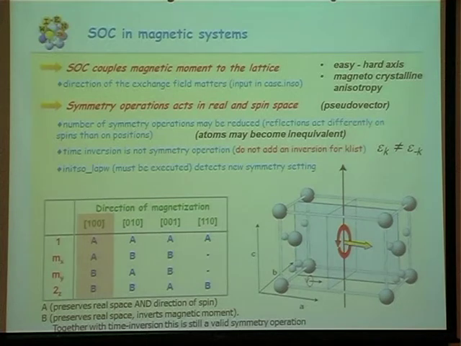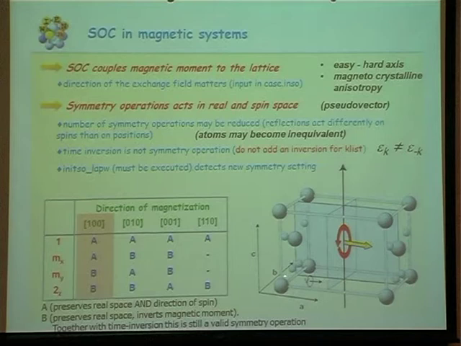There is no change. We call this a symmetry operation type A. The mirror plane mx, this is this mirror plane here, that preserves, of course, the current loop. It would not preserve this arrow, right? But the current loop is not changed by that. That means this is also a symmetry operation.